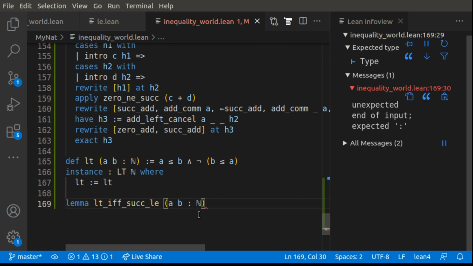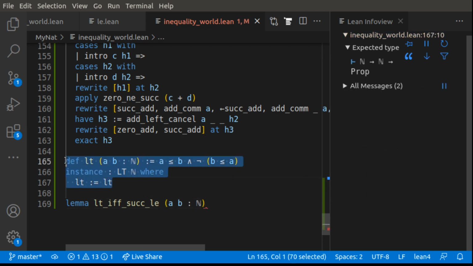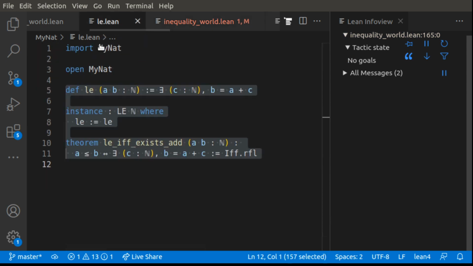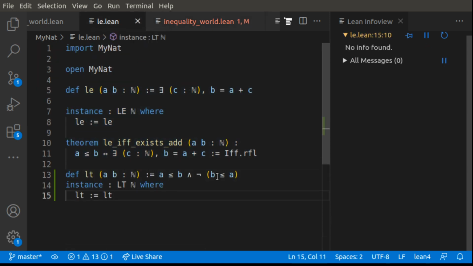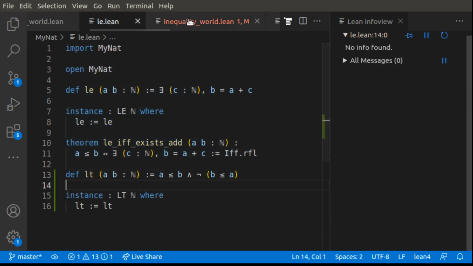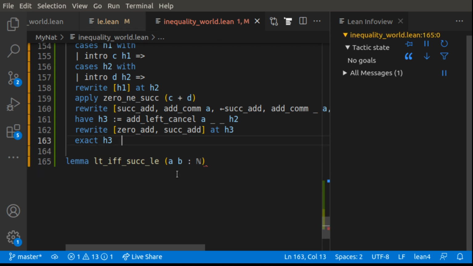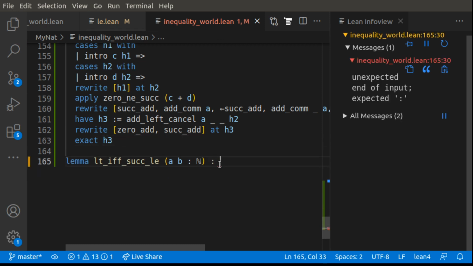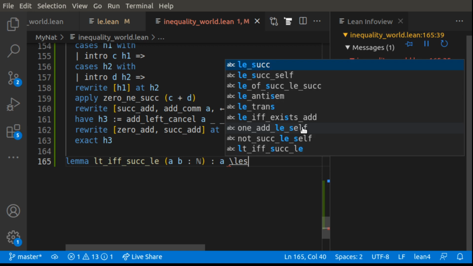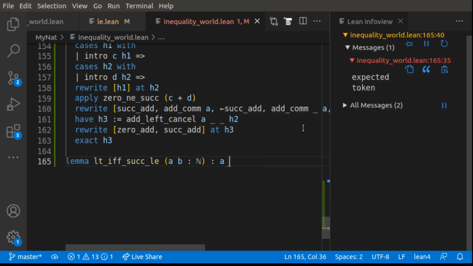are naturals. I think I can actually move this into less than or equal to dot lean. A, B are naturals. A less than, A LT less than.